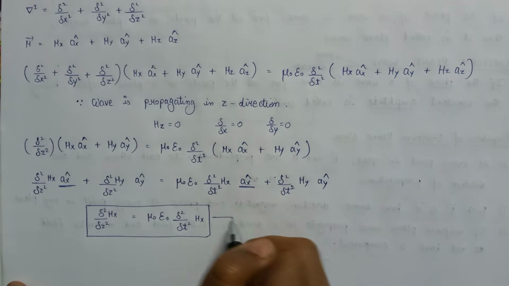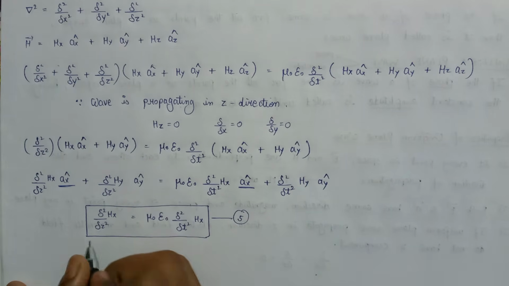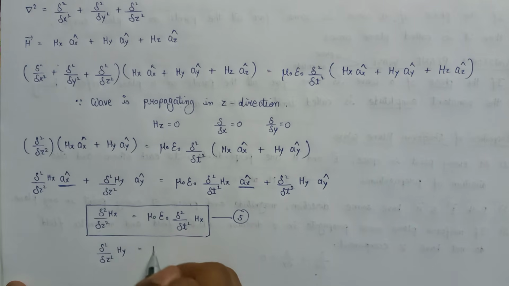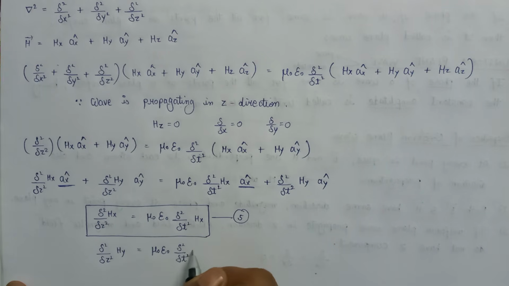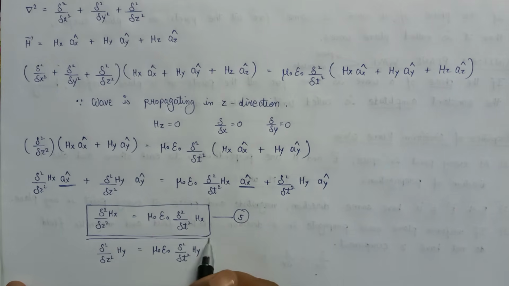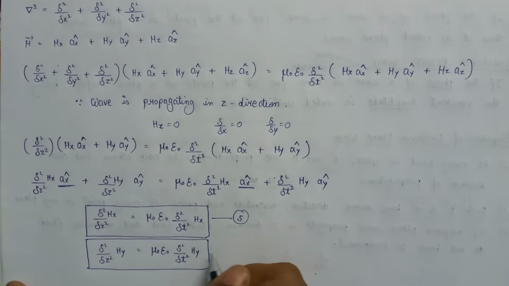So this is equation number 5, and on comparing the coefficient of Ay cap, we get del 2 over del z square of Hy is equal to mu 0 epsilon 0 del 2 over del t square of Hy. This is equation number 6.